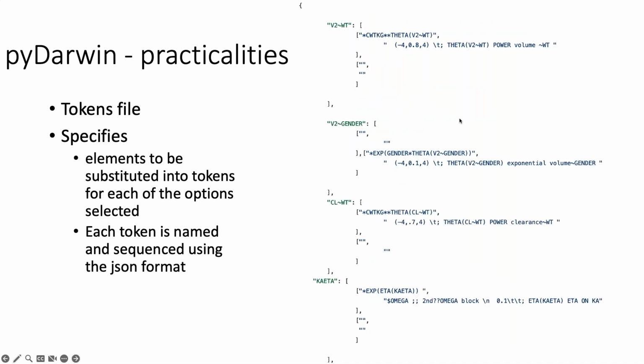In the tokens file, if you look here, V2 gender is either blank, or we also have the exponential relationship here. There are only two groups specified here, each with two elements. These are substituted into the different tokens, and each token is named in sequence using this JSON format.